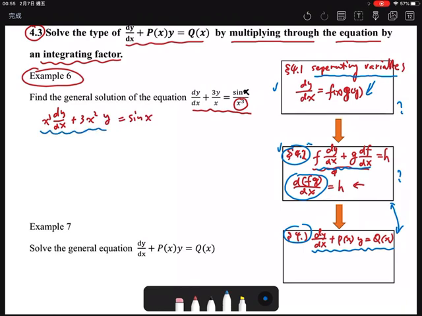Now that we have multiplied x cubed on both sides, you can see that the left-hand side can be written as a derivative of a product. So it can be written as d of x cubed times y by dx equals sine x. Then we multiply dx on both sides, and then we integrate the equation on both sides.